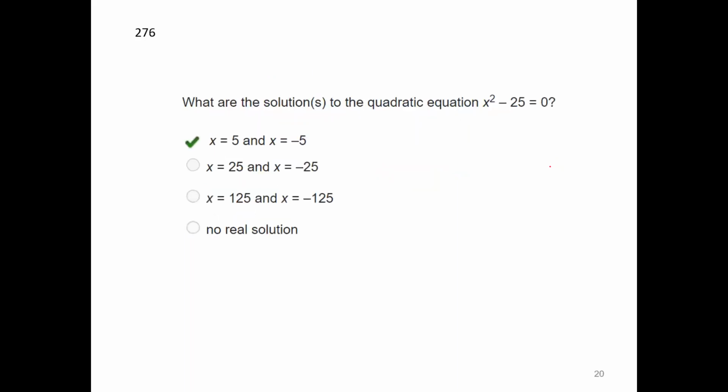All right, 276. Go ahead and highlight the important information there, you guys.